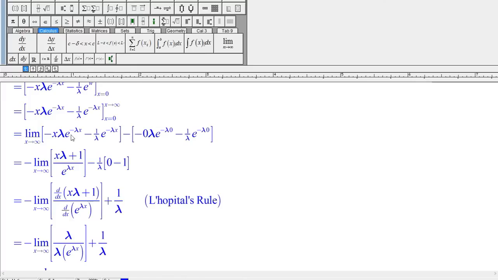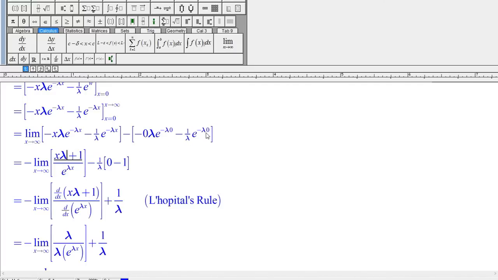So I should take the function just like it is, take the limit as x goes to infinity, and then take this function here and let this go to 0.